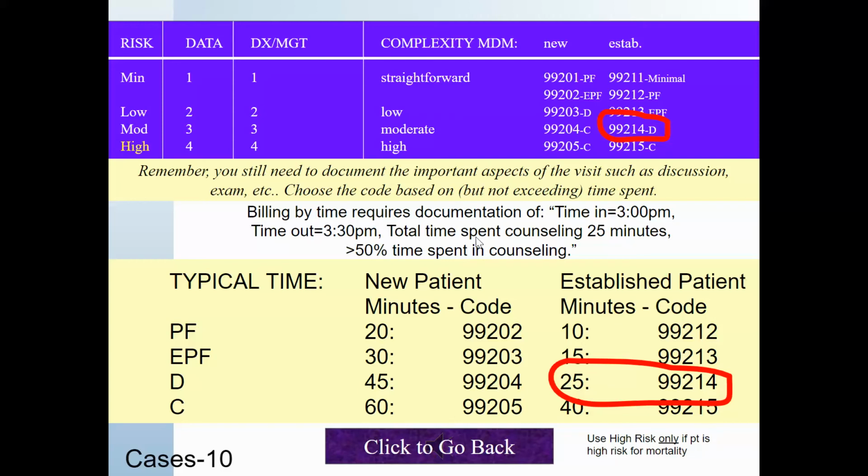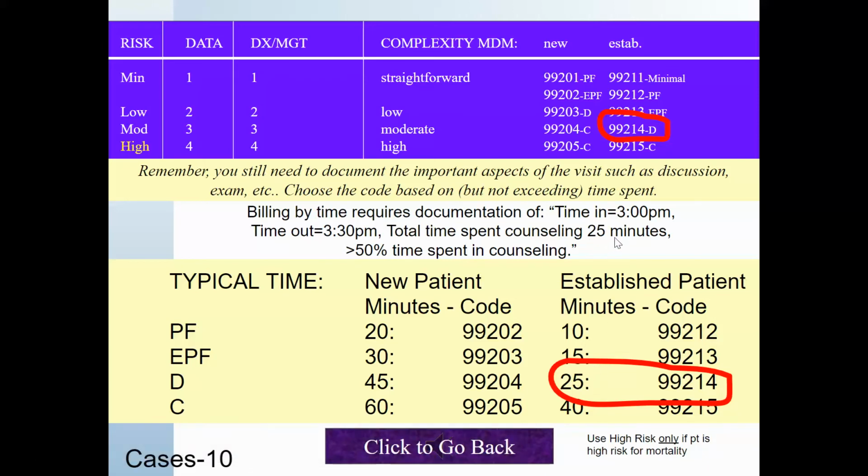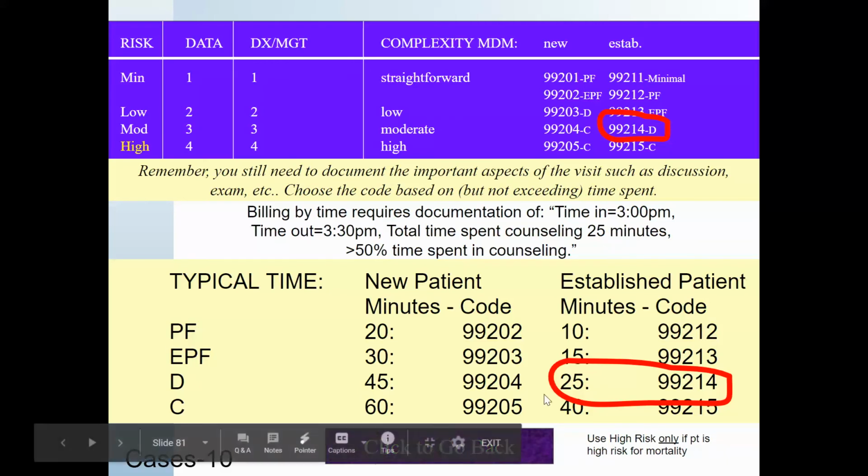Total time spent in counseling perhaps was 30 minutes or more, minimum of 25 minutes. Maybe I spent 25 minutes counseling. Maybe I spent more. Maybe I spent 35 minutes counseling. Well, I can only code for the amount of time I do. If it's 26 minutes, you still have to defer back to this.